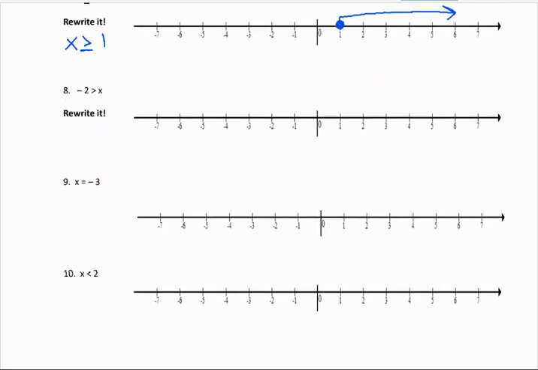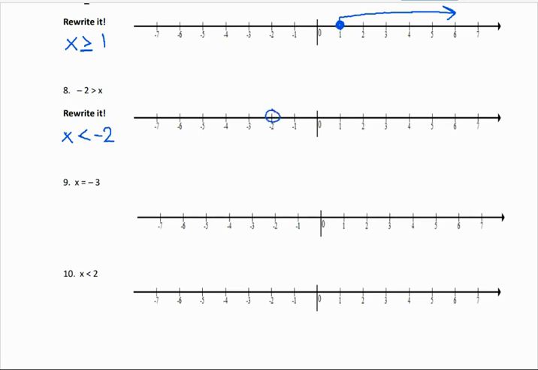So we'll do the same thing on number 8. On number 8, we're going to rewrite that. So I'm going to have the x come first. It was pointing to x, so I'm going to have it still pointing to x. And then I have the -2. What type of circle?